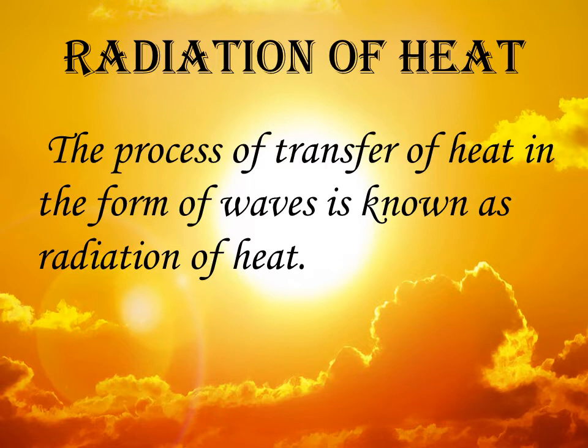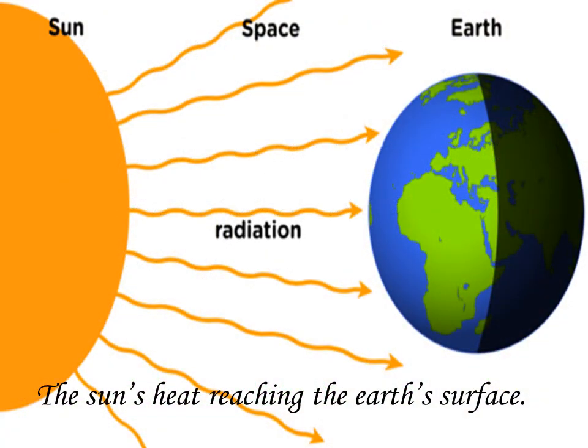As contact is required for conduction and convection, no contact is required for radiation. The best example of radiation is the sun's heat reaching the Earth's surface. This is a direct transfer of heat from one object to another without heating the air in between.